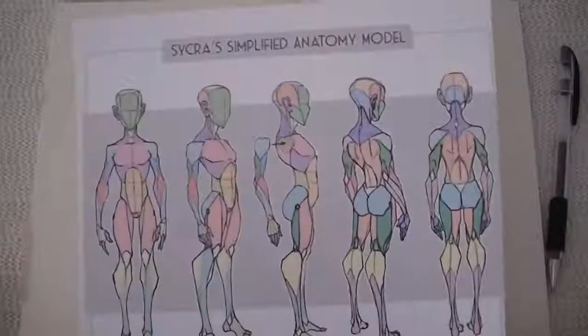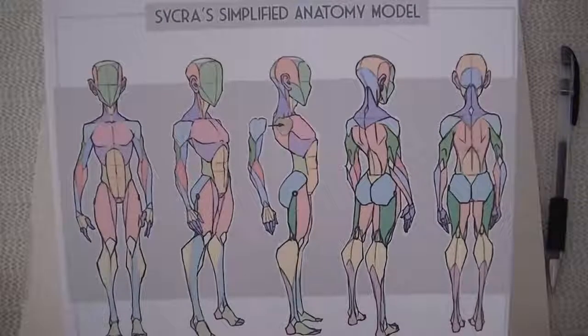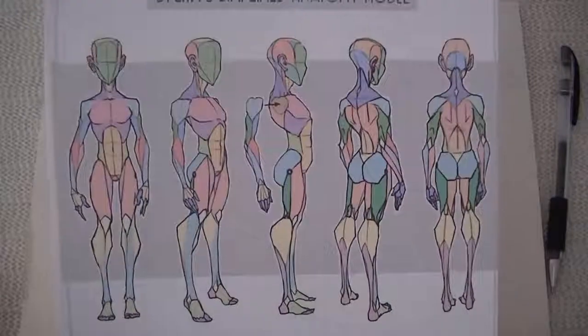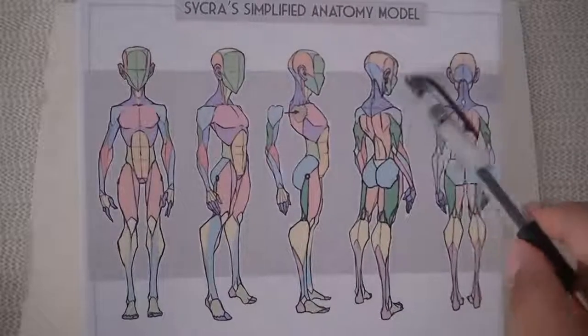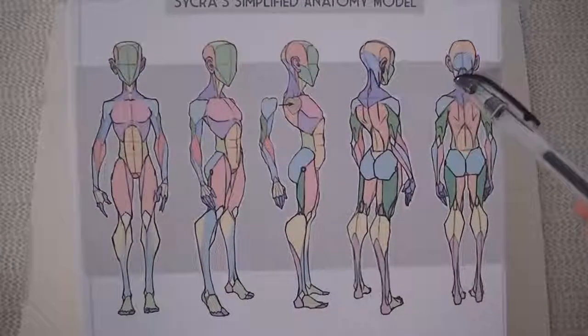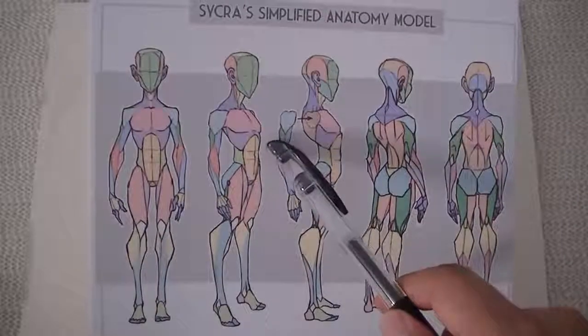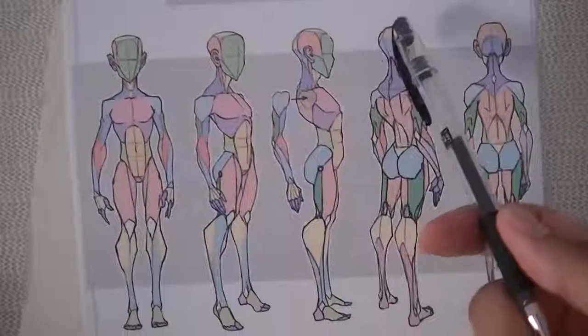So I created this thing, which is a simplified anatomy model. And what it does is it shows you more about the parts that I'm thinking of and not necessarily the anatomy correctly.